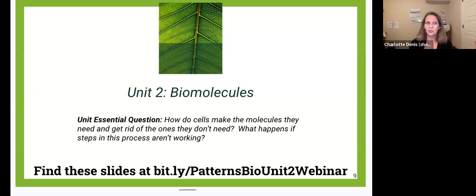And our essential questions in this unit have to do with metabolism. How do cells make the molecules they need and get rid of the ones that they don't need? And what happens if steps in this process aren't working? So as you'll see, this is not a traditional biomolecules unit, because the second question has to do, of course, with mutation.